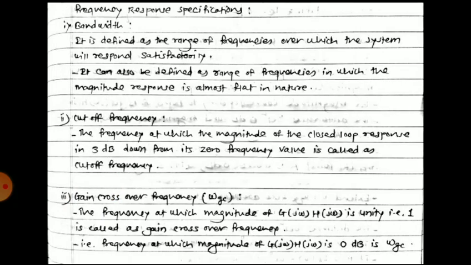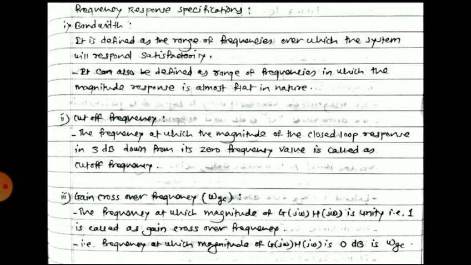Then frequency response specifications. First is bandwidth, defined as the range of frequencies over which the system will respond satisfactorily. Then cutoff frequency: the frequency at which the magnitude of the closed loop response is 3 dB down from its zero frequency value is called the cutoff frequency. Then this is important, omega GC, the gain crossover frequency.